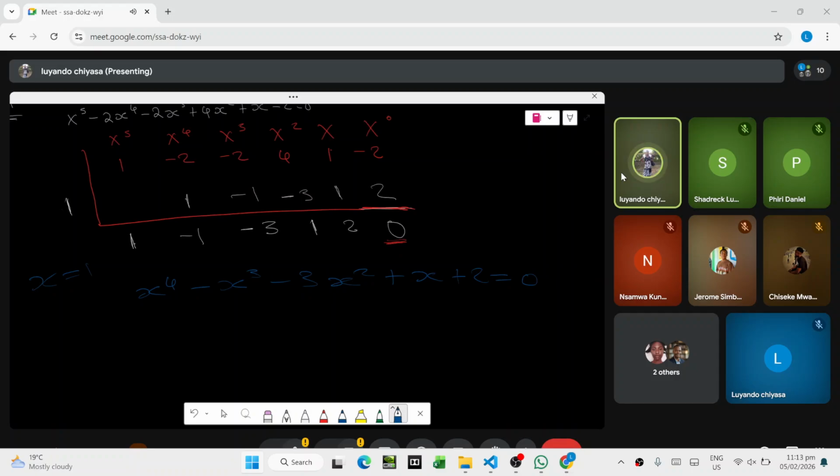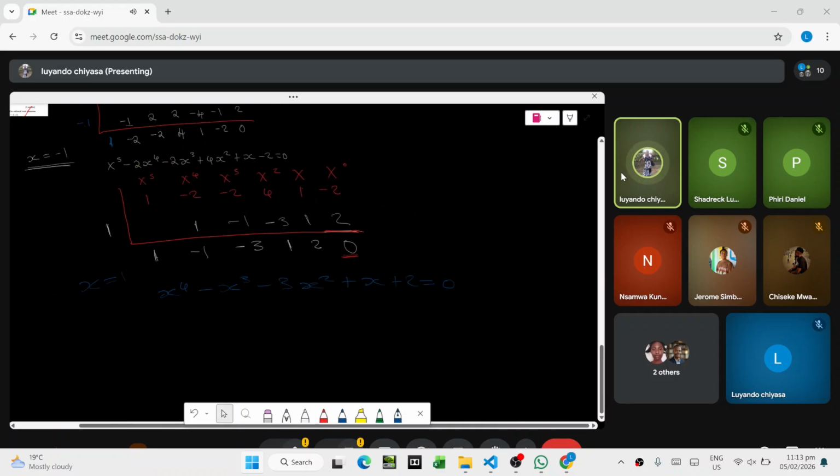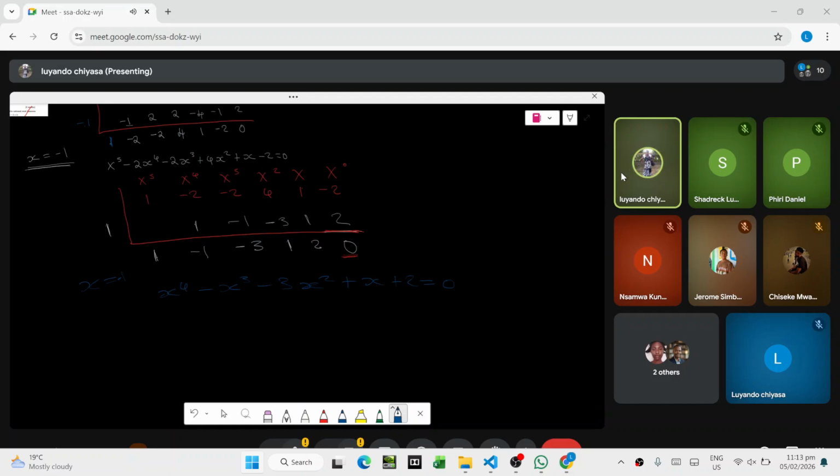So essentially what you're going to do is repeat and repeat and repeat until you reach the 6 factors. So again, you're going to use the rational root theorem.